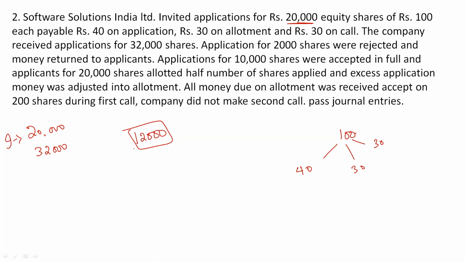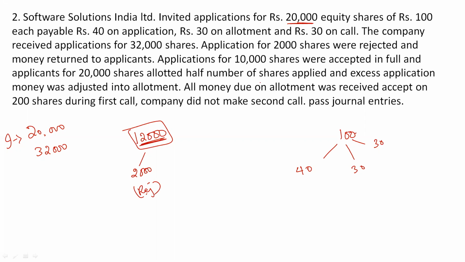Let's see what is happening in this question. Applications for 2,000 shares were rejected. Out of 12,000 extra share applications, 2,000 were totally rejected. This is the first option. Then applications for 10,000 shares were accepted in full, and applications for 20,000 shares were allotted half the number of shares applied.